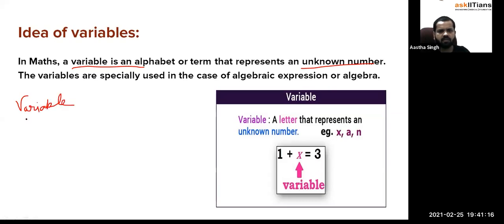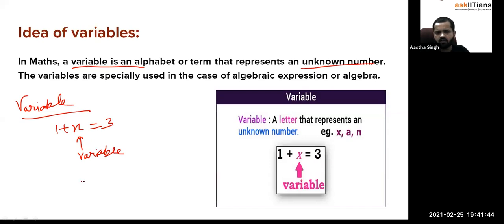So basically, in maths, we generally take any alphabet or term and just assume it. For example, an equation is given: 1 plus x is equal to, let's suppose, 3. You do not know the value of x. So x is basically an alphabet in English, but in maths, x is treated as your variable, and you have to find the value of x.